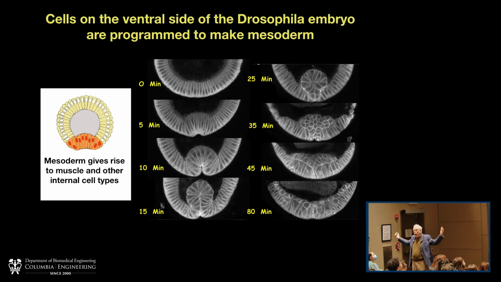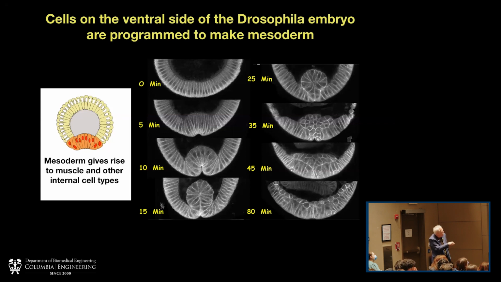And so obviously having them out on the surface may be fine at the beginning of embryonic development, but you want to get them inside. And so the question is the mechanics of bringing these mesodermal cells into the interior of the embryo. There's a stereotypical process of morphological transformations. This is a little optical cross-section of the embryo. Now you can see the very columnar cells, and over a period of about 5 minutes you get a groove.